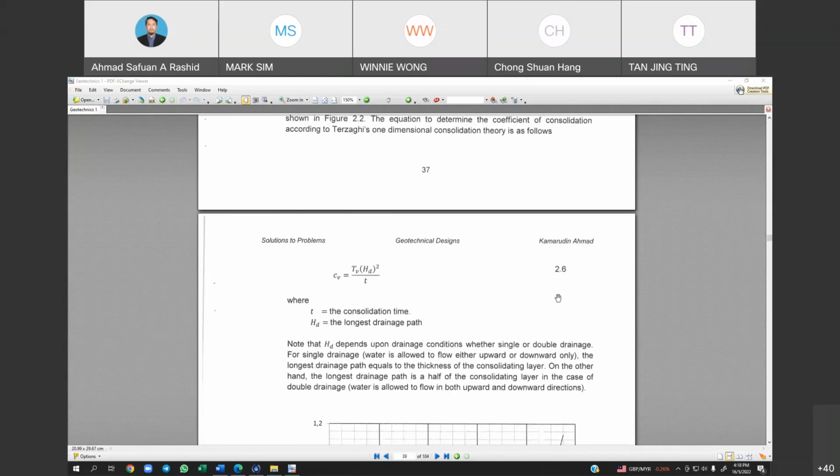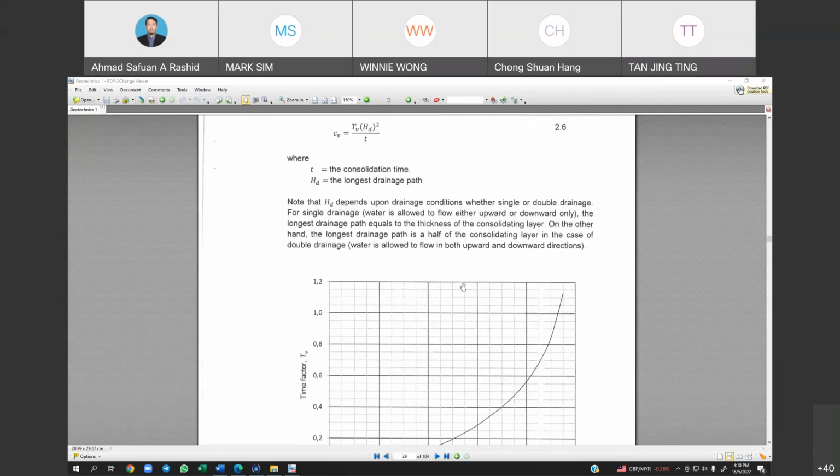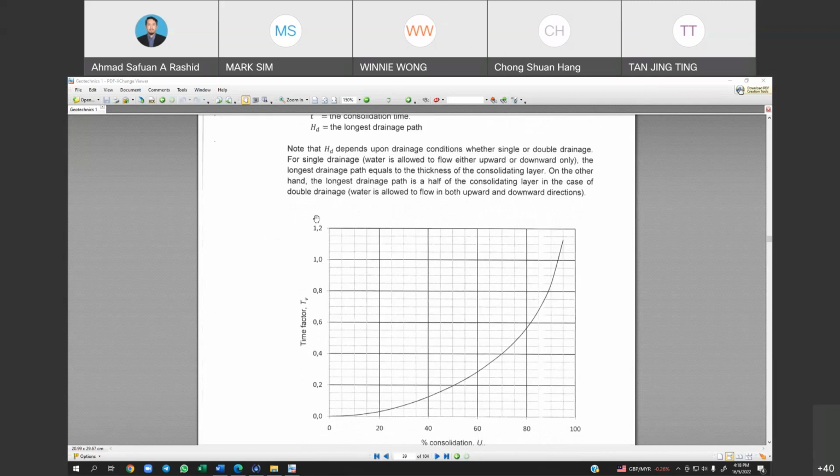This is the formula for CV, which is equal to TV times HD to the power of 2 over T, equation 2.6. So this is the relation as we have discussed previously. Note that HD depends upon drainage condition, whether single or double drainage.